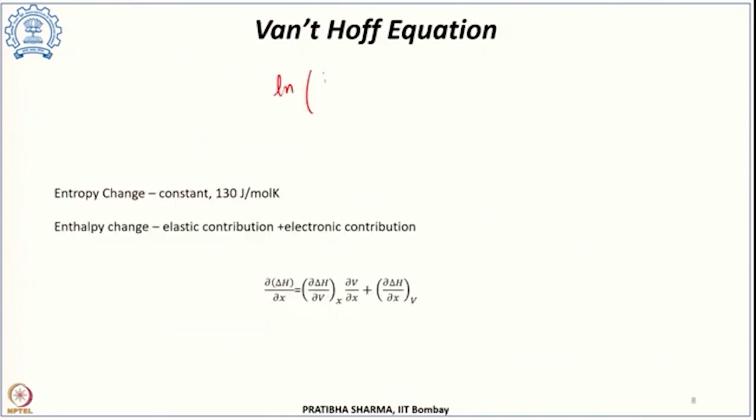So, ln of P upon P naught is equal to delta H upon RT minus delta S upon R. This is the well known van't Hoff equation.